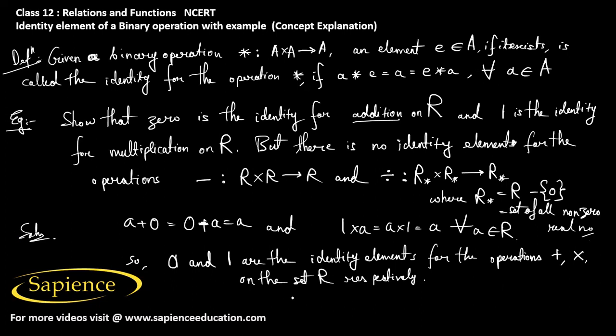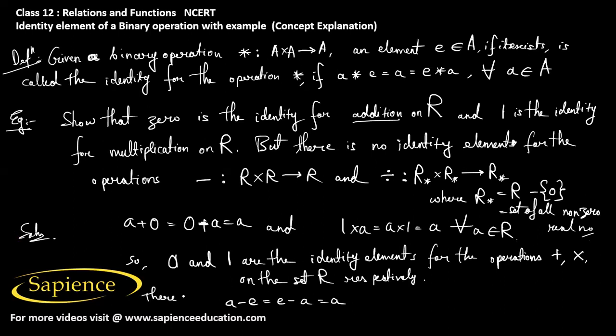And there is no element e for subtraction. So a minus e should be equal to e minus a, which is equal to a, but no such element e is there.